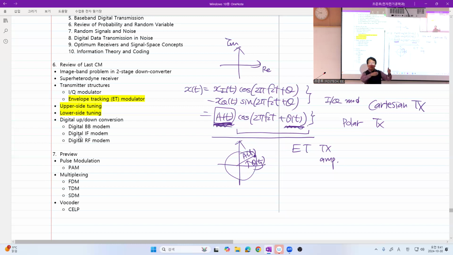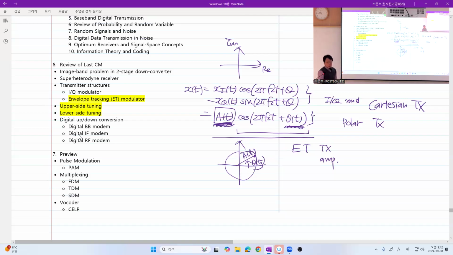If this continuous time signal is a baseband signal, actually two baseband signals in general, we call such a modem, modulator and demodulator, a digital baseband modem. If our digital part generates, or accepts in the receiver, an analog signal at IF, intermediate frequency, we call the structure a digital IF modem structure.